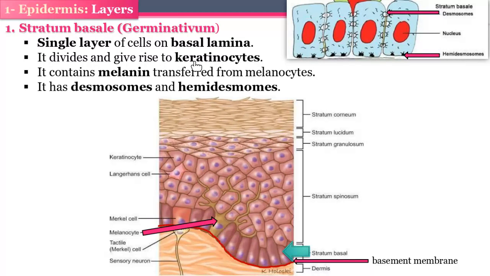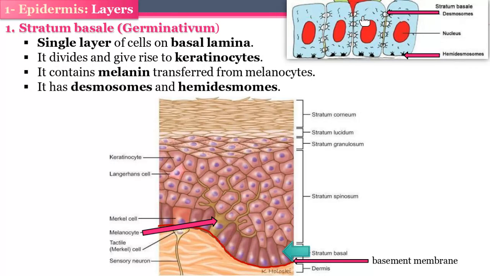To make you understand more clearly, on your right hand side, I have put only the picture of the basal cell layer, where you can see the cellular details. See, the cells are tall columnar and they have a large nucleus. Then on the basal surface, they have the hemidesmosomes, whereas in between the cells, they have the desmosomes.